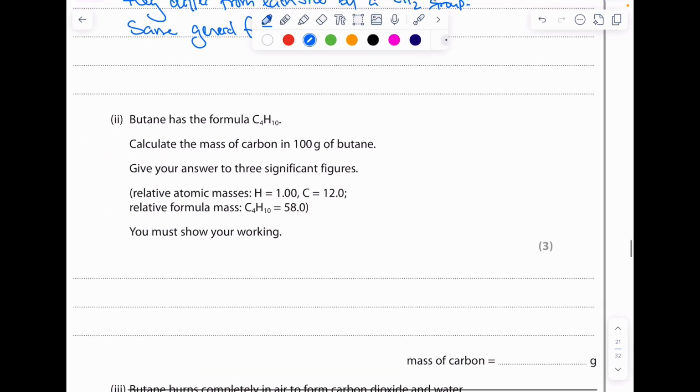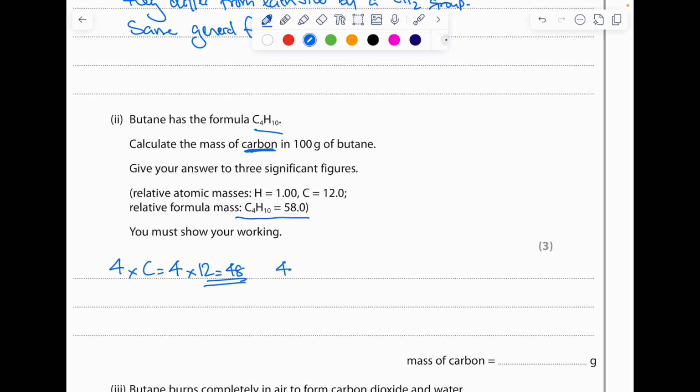Okay, next one. Butane has got this formula. Calculate the mass of just carbon in 100 grams of this. Okay, so we're told the relative formula mass of butane is 58, and in that we've got 4 lots of carbon atoms, which is 4 lots of 12, which is 48 for the mass of carbon.